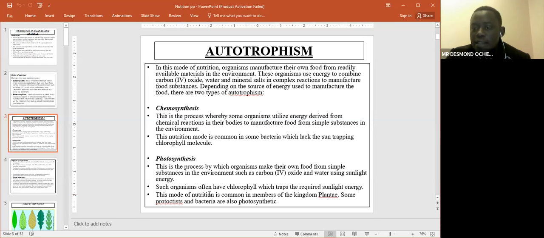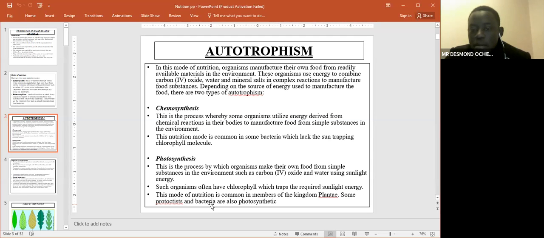So chlorophyll here is very important because it is the one that helps these organisms to trap the sunlight energy. So this mode of nutrition is common in members of the kingdom Plantae. Now, I know at this point you have not been introduced to various kingdoms of classification, but kingdom Plantae is the kingdom to which all plants belong.